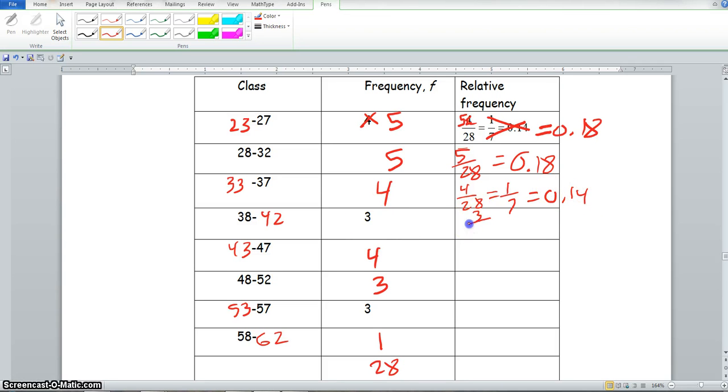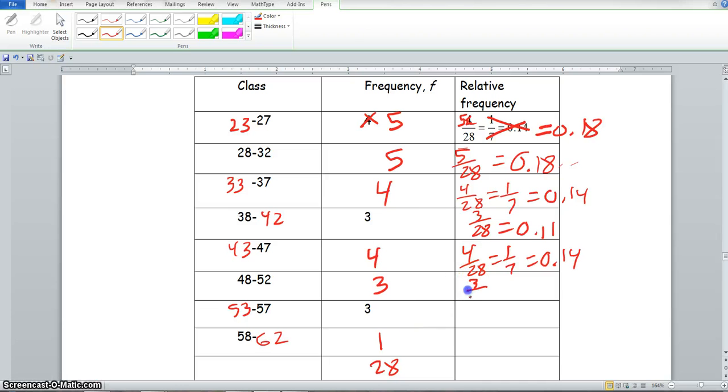And then we have 3 over 28, which gives us about 0.11. Then we already know 4 over 28 is 1/7, which is about 0.14.